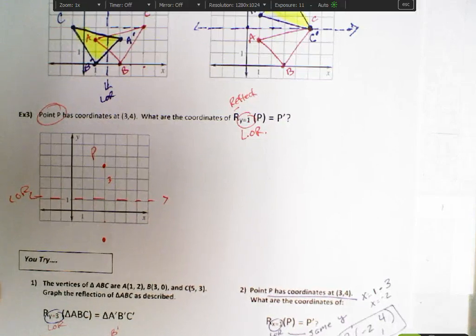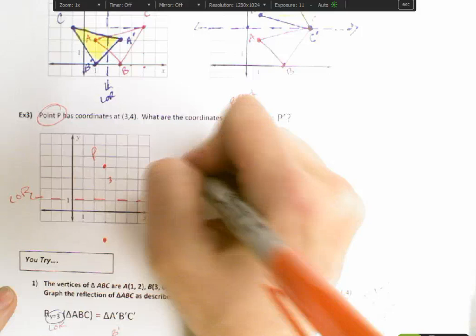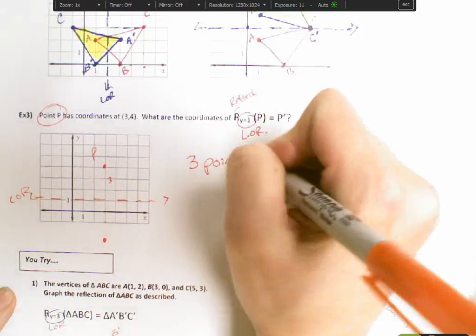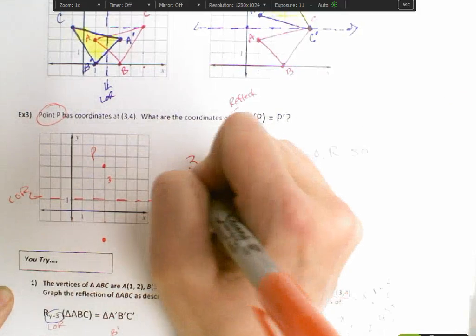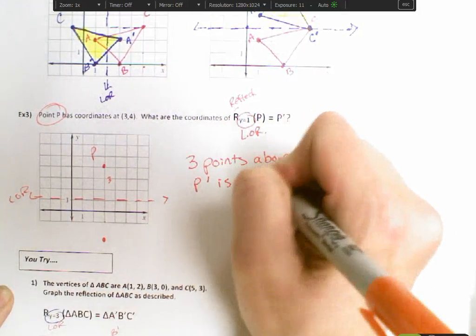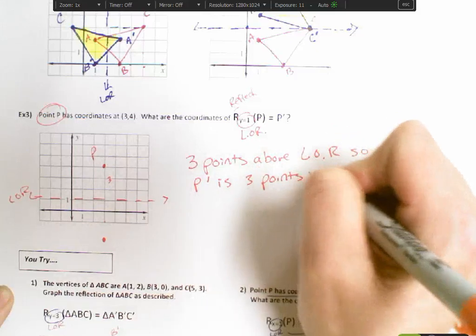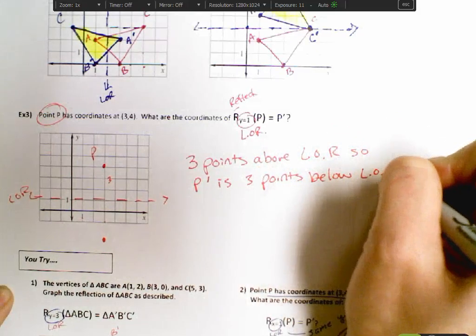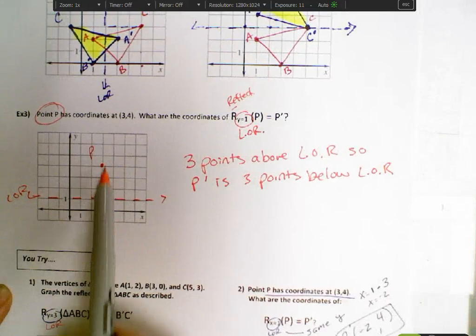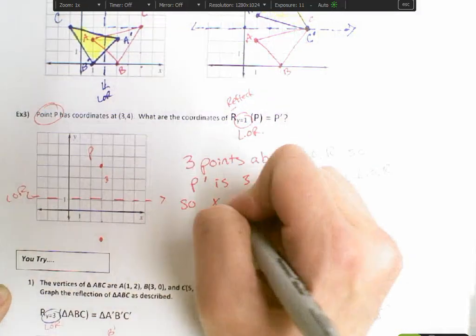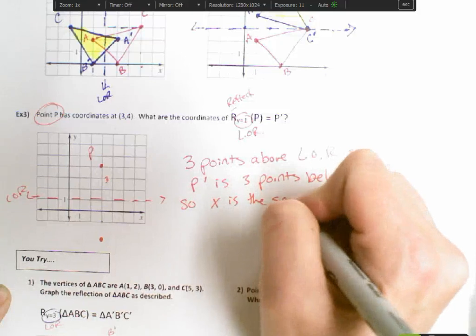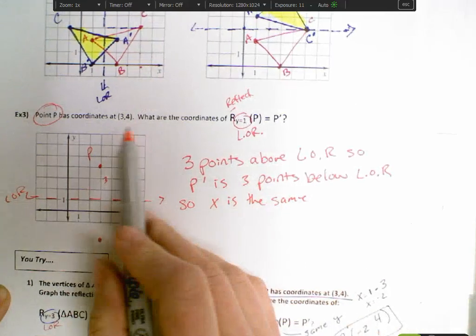But we can do this algebraically as well. This tells me I need 3 points above the line of reflection. So P prime is 3 points below the line of reflection. In this case, my X is not changing, right? I don't move my point left or right. So X is the same. In this case, my original X was 3.